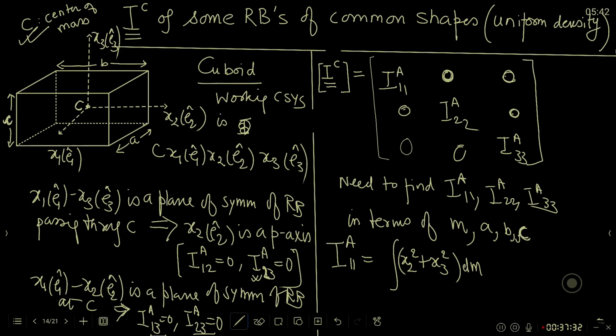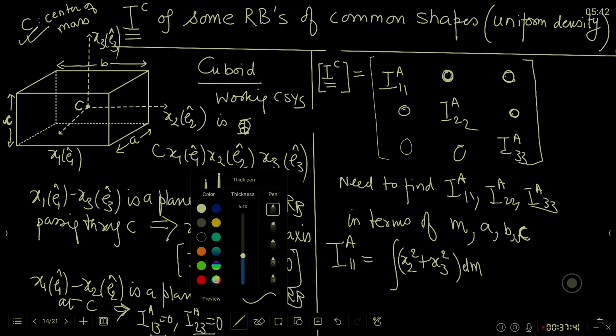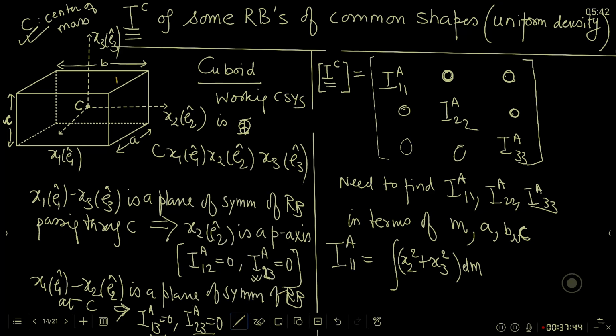What is dm? dm would be a small chunk of mass, maybe here, in the neighborhood of a typical point P, which has coordinates x1, x2 and x3. Referring to which coordinate system? Referring to this coordinate system. Okay, so the x2 and x3 that are appearing here are nothing but the second and third coordinates of the location P, around which I am considering a small chunk of mass dm.